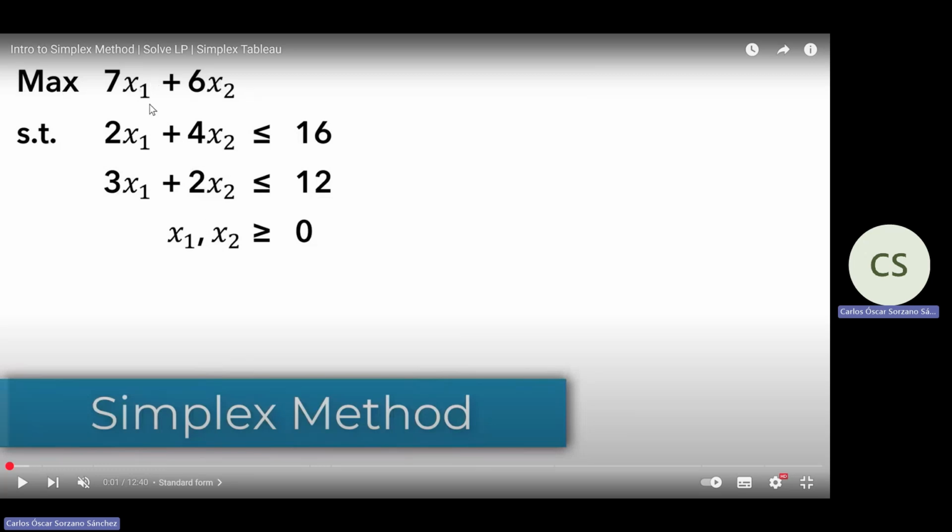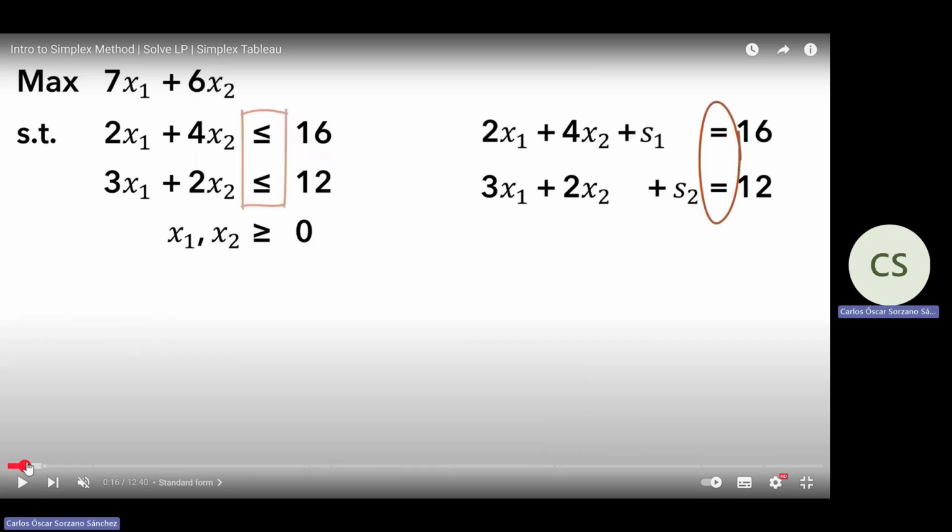So let's say that you want to maximize this function subject to these constraints. Then the first thing is to convert it to the slack form. The slack form is adding two slack variables so that we convert these inequalities into equalities.